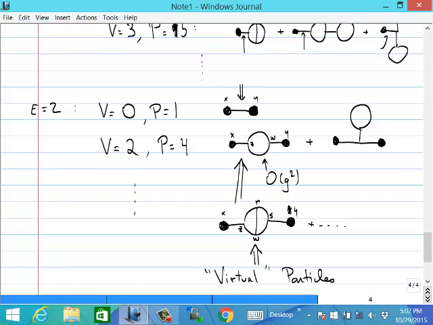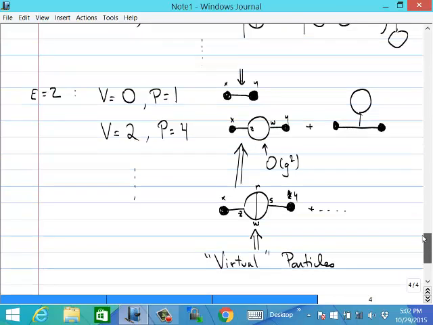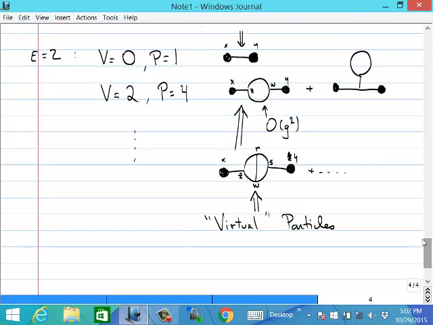Okay. So there's one final point, and it's a point that I hate discussing because it's really confusing. And it's the discussion about what numerical factor goes in front of each term in the Feynman diagram expansion.